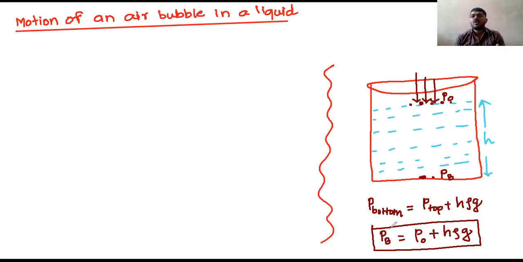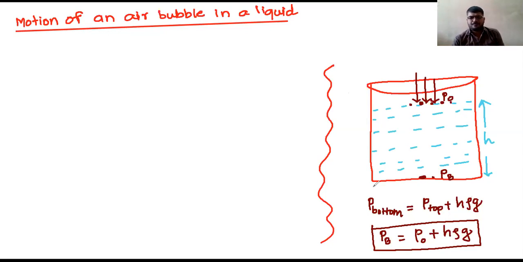There should not be any external pressure on our body, so that body functioning stays smooth. That's why they wear diving suits when going deep inside a lake or sea. Why? Because pressure increases with depth, and for that you have this formula: pressure at bottom is equal to pressure at top plus H rho G. Understood?